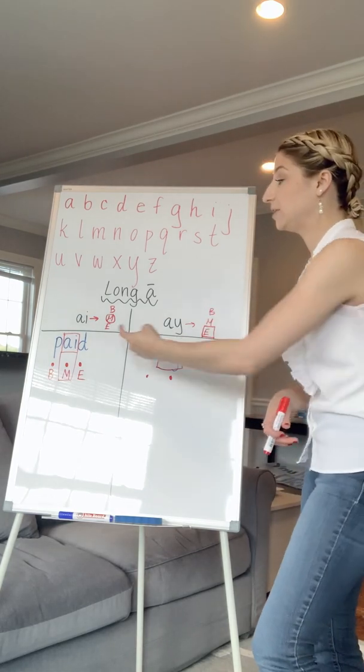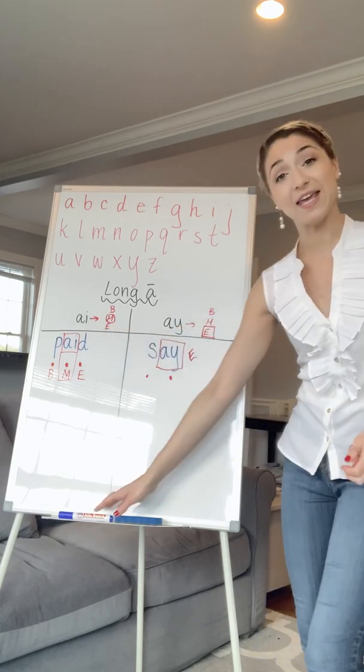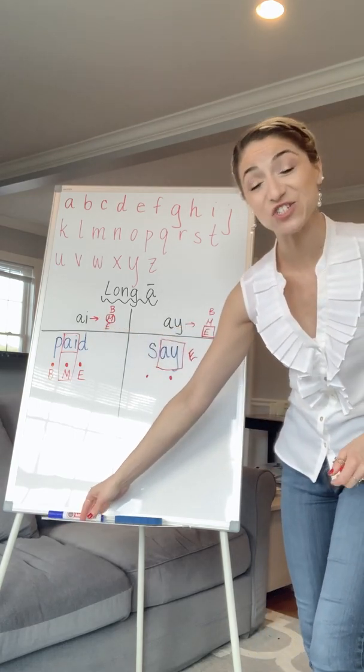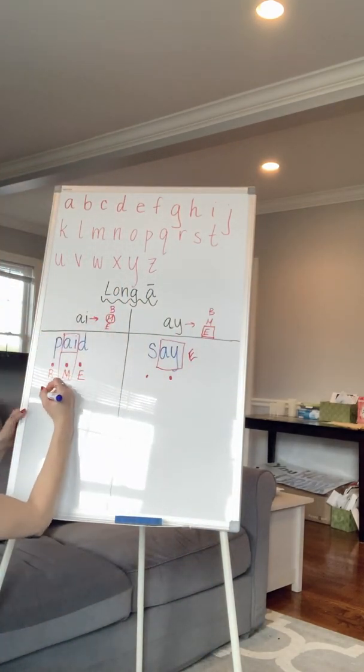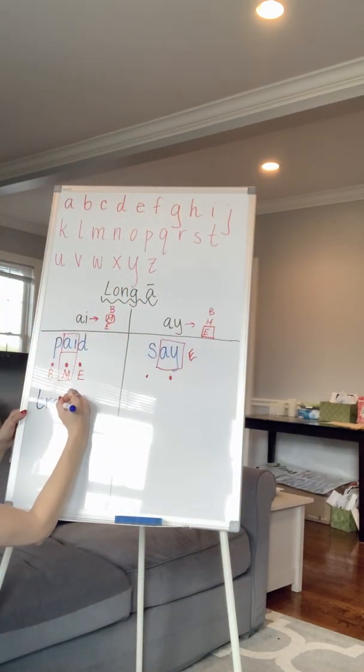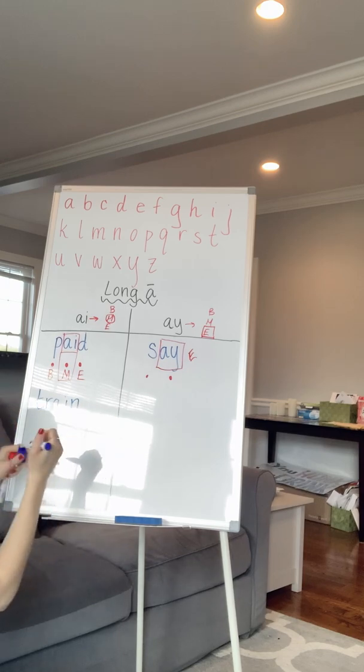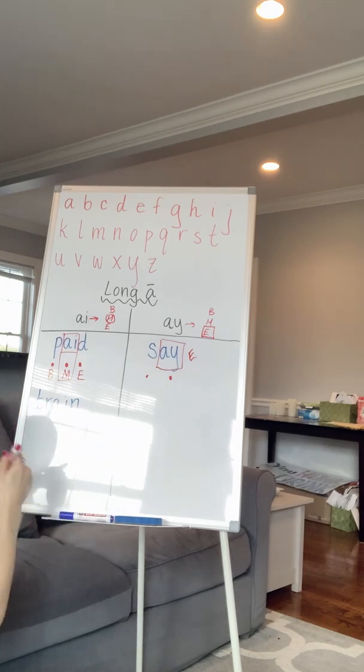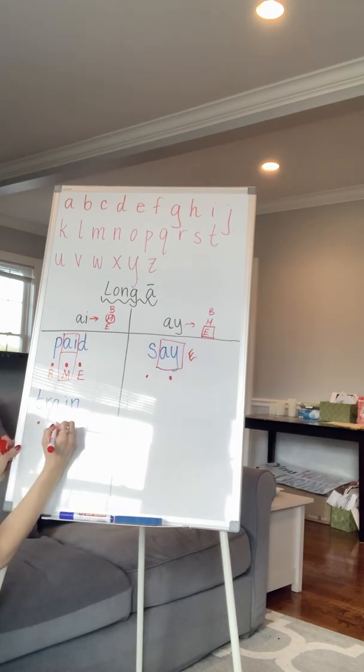So I know I'm going to use the vowel team AI to spell train because the long A sound comes in the middle of the word. Train. And you can see beginning, middle, end. There it is, always in the middle.